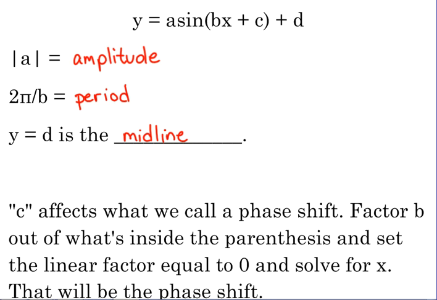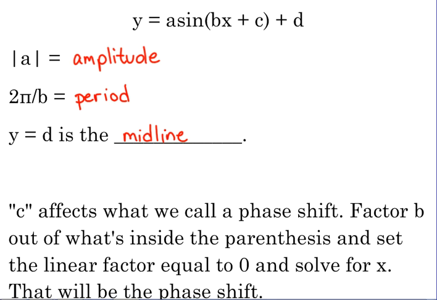Now, the c is the only one that we haven't talked about. C affects what we call a phase shift. So let's just recap for a second. A, the amplitude, changes the height. It's a vertical stretch or shrink. Just like any other transformation we've talked about, when we multiply our function by a number, it's either going to stretch it or shrink it depending on whether that number is bigger than 1 or less than 1.